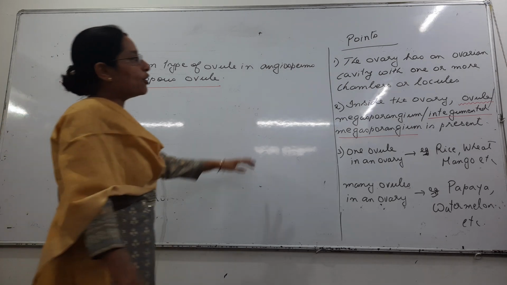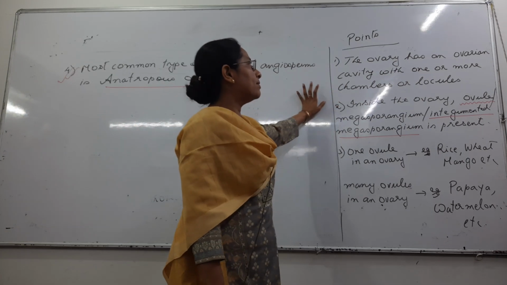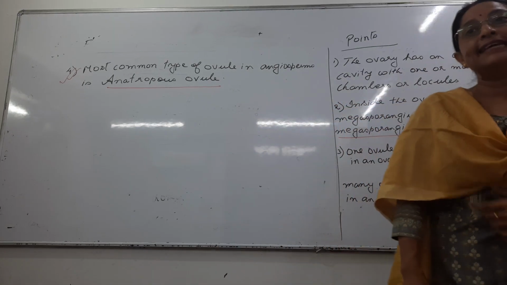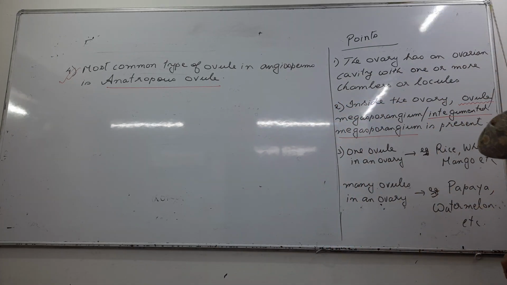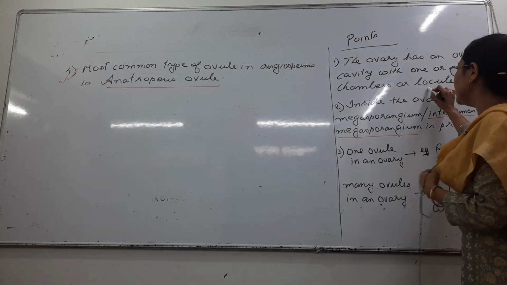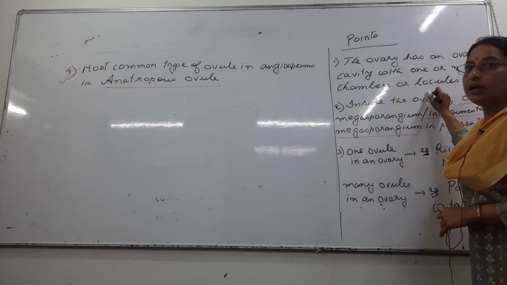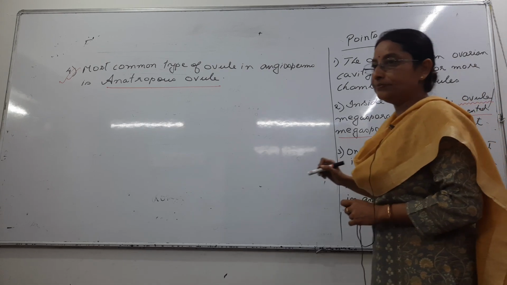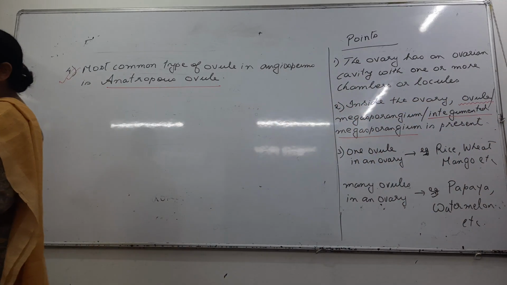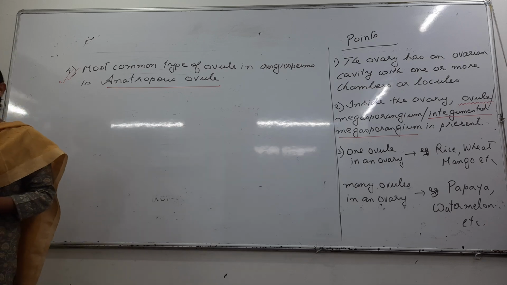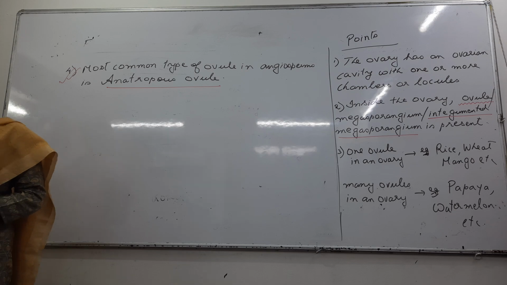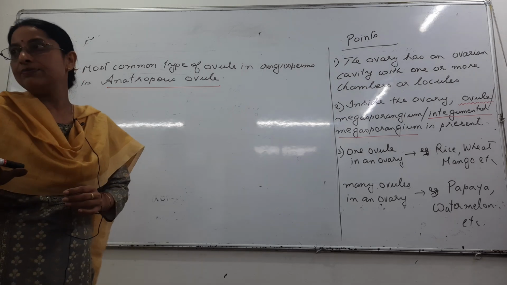So coming to the first point, in the ovary: when we talk about the female reproductive part, the ovary is an important part. What is inside the ovary? You have an ovarian cavity with one or more chambers or locules. Do you remember this word from when you studied morphology? Remember something called placentation, right? Placentation can be marginal placentation, basal placentation, etc. So placentation means the arrangement of ovules in an ovary.